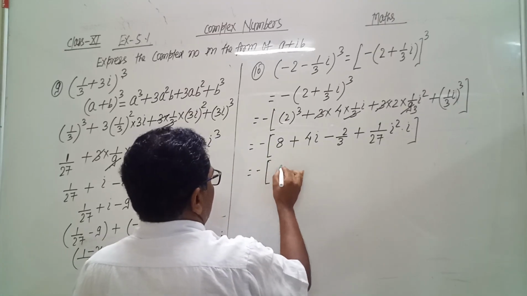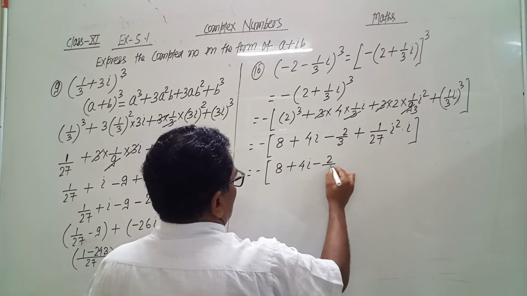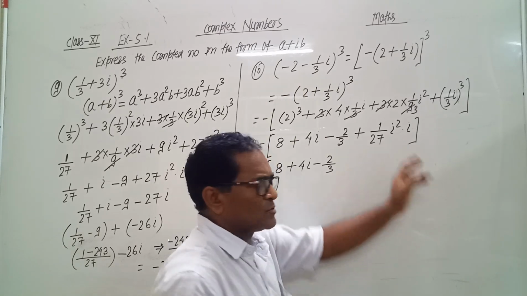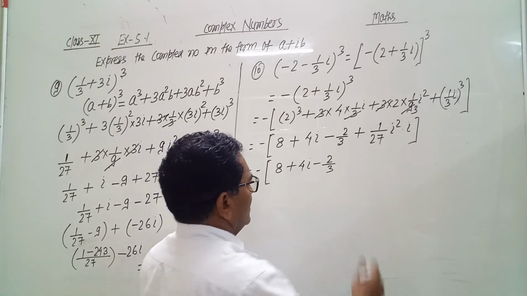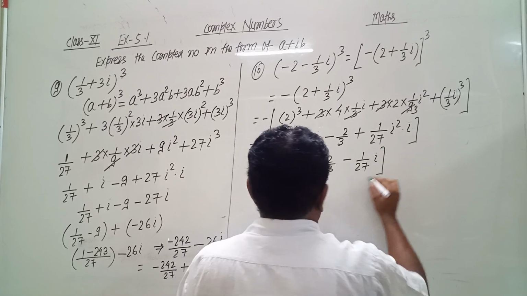So minus 8 plus 4i minus 2/3, and i² is written as -1, so it becomes minus (1/27)i.